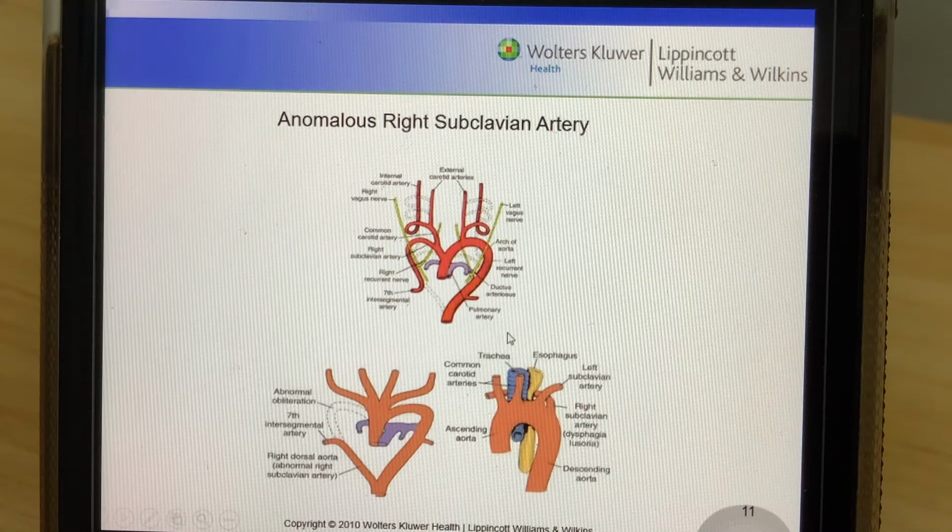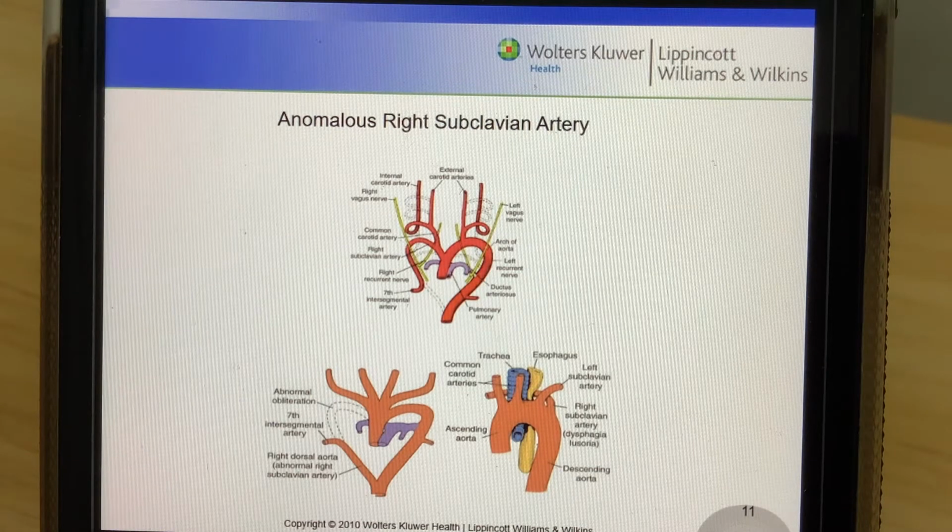Next, we have anomalous right subclavian artery. In this case, there is an abnormal obliteration of part of the right dorsal aorta, resulting in abnormal origin of the right subclavian artery.